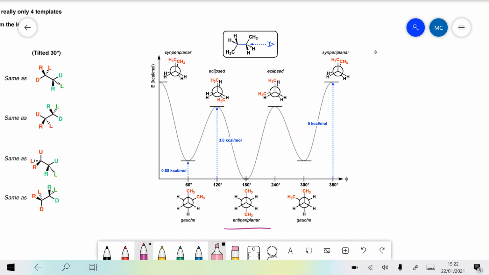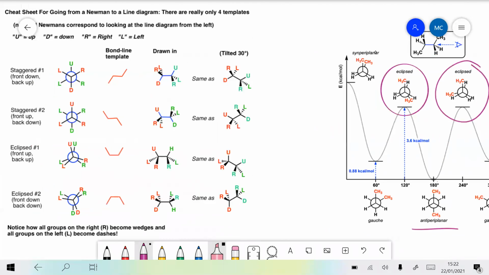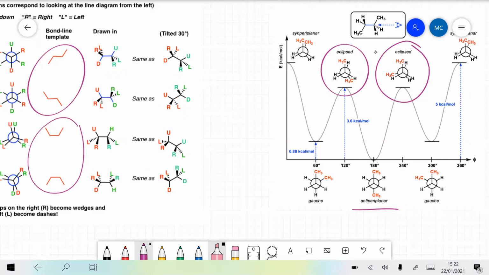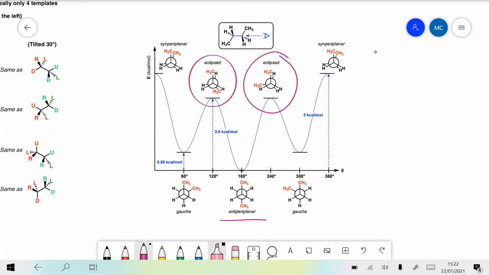Then there's going to be another eclipsed mode. And in fact, these two eclipsed structures are the same. That's why earlier on I told you that these two are identical and these two are identical, because we only have two different substituents, a methyl and the hydrogen.